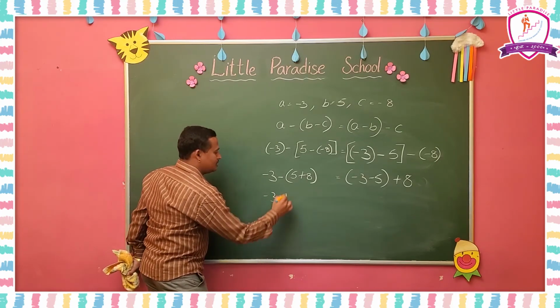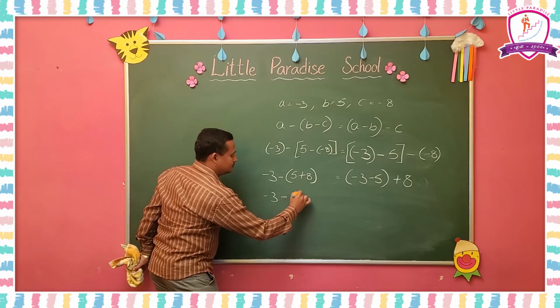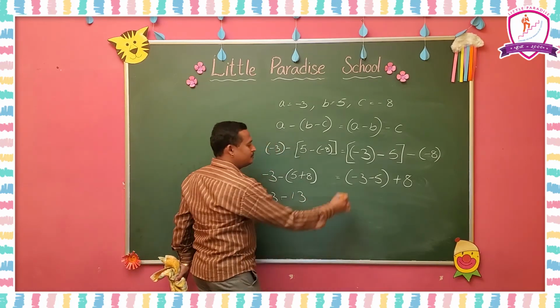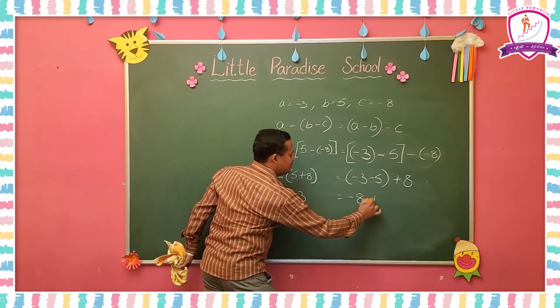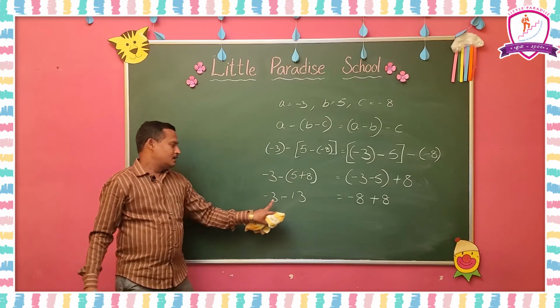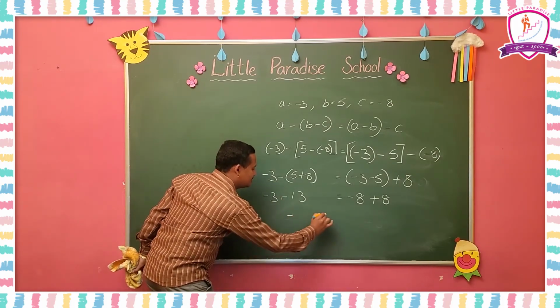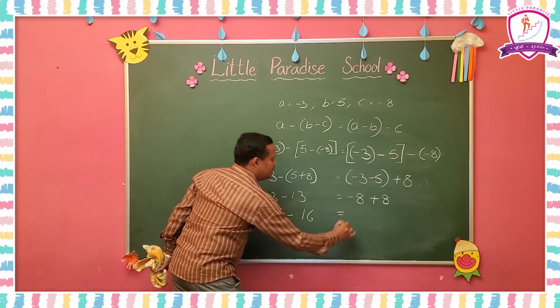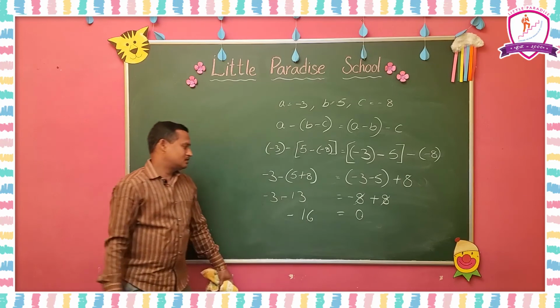So, minus 3 minus, here 5 plus 8 is 13, is equal to, here minus 3 and minus 5 means minus 8. It will become minus 8 plus 8. Here minus 3 and minus 13, we can add these, it will become minus 16. Here it will become plus 8 and minus 8 will cancel, 0 will be the answer.